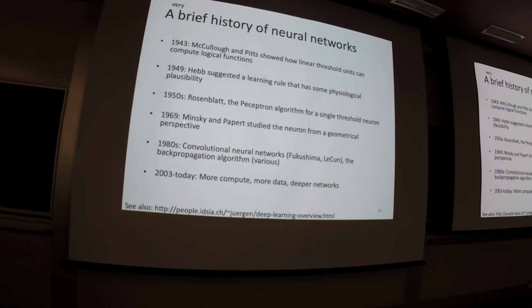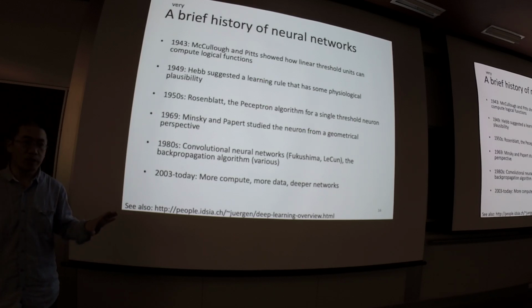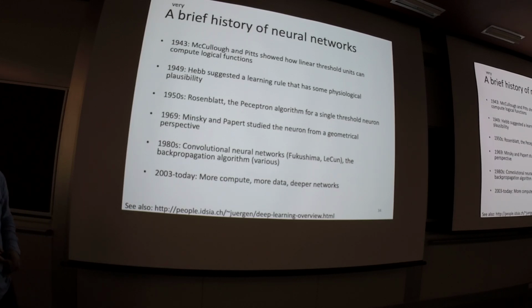And then in 1969, Minsky, a pioneer of artificial intelligence, studied the neuron from the geometric perspective, and he said there is no future for the perceptron algorithm because it cannot differentiate the XOR function. We discussed this before, right? And later, people found out that by just piling up a set of perceptrons, you can do it.